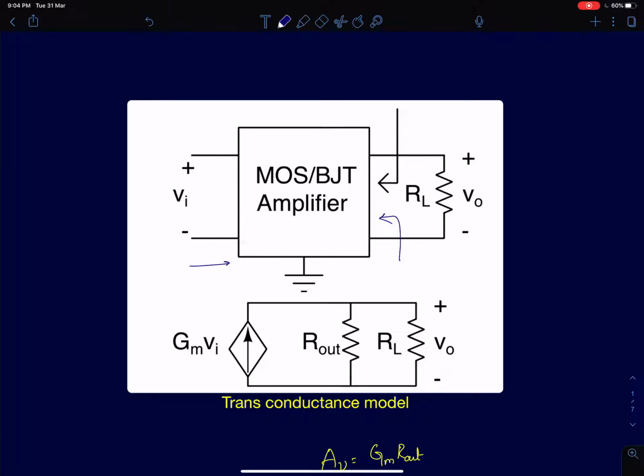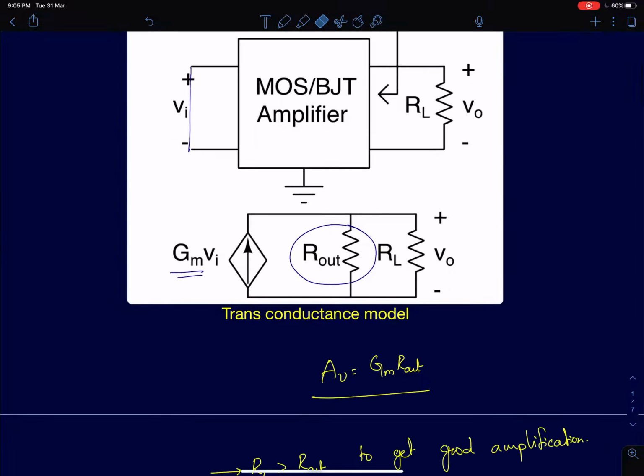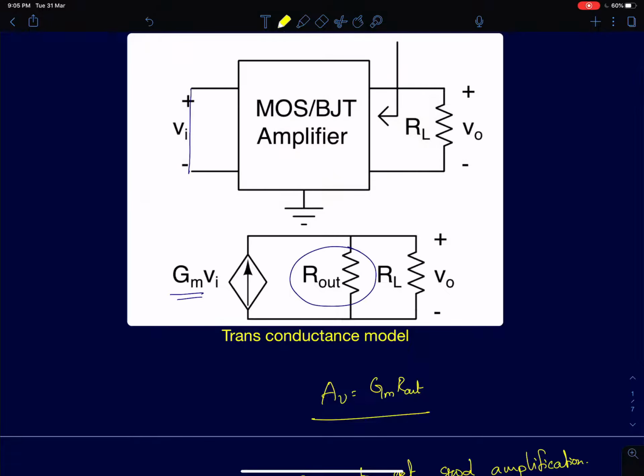We can represent that as a Norton equivalent model with a short circuit transconductance Gm, which is measured by short circuiting the output node, applying the input and measuring the current flowing at the short circuited output node, and also by an equivalent output resistance R out, which is measured by making the input go to 0 and then seeing the equivalent resistance as seen by the load resistance. And we said that the gain one obtains by this model is simply equal to Gm times R out. This is the unloaded or the maximum gain possible out of this structure.